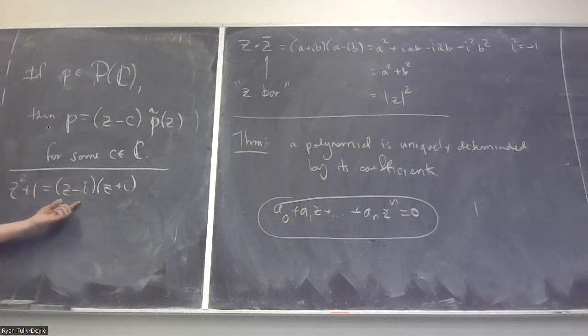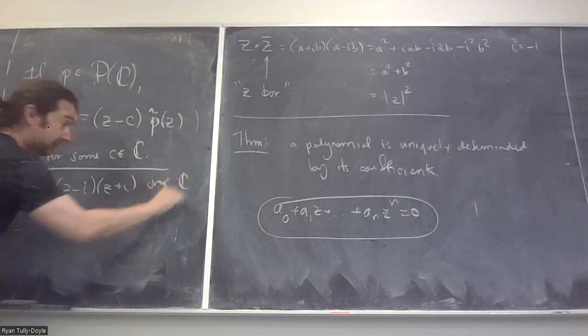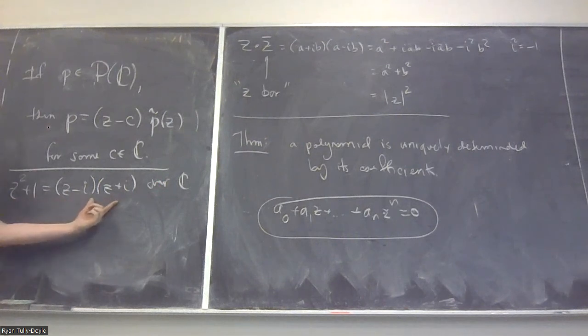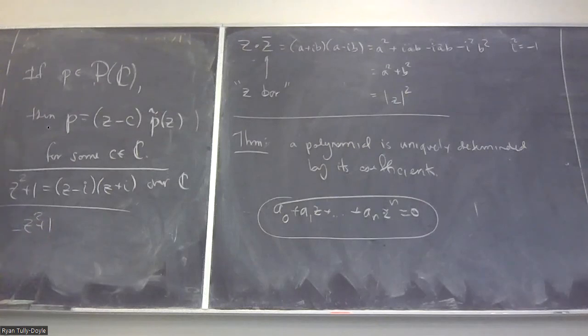There is a sum of squares formula. It involves i. So this is over C. If I think about this as a polynomial with complex coefficients, I can always factor it down to linear terms. If I'm over R and I get z squared plus 1, well, I'm done. We get to use the embarrassing word irreducible.